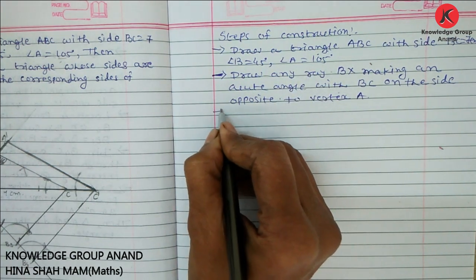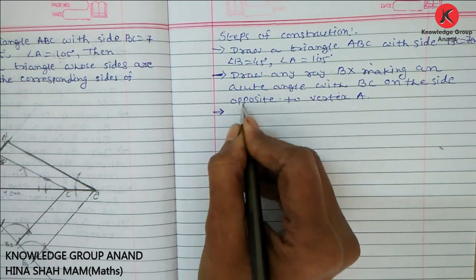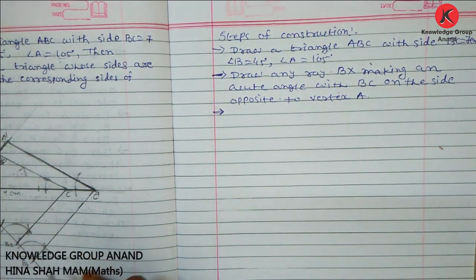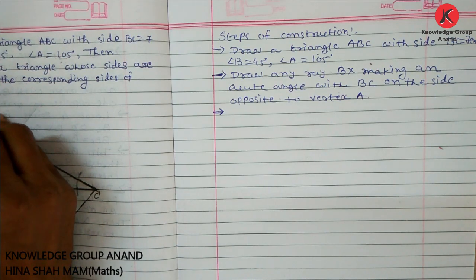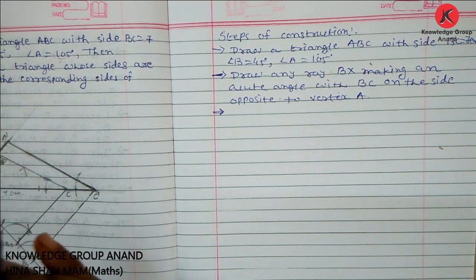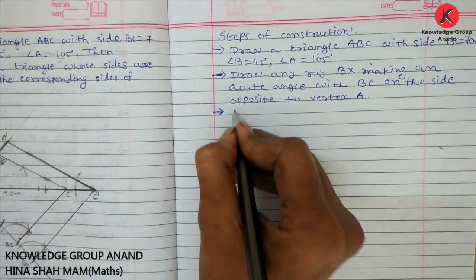Now third step is, next step is locate how many points. Then here 4 by 3, 4. Locate 4 points.